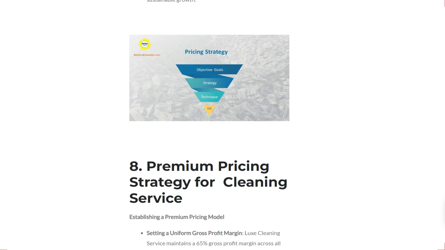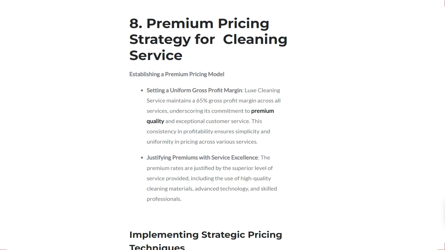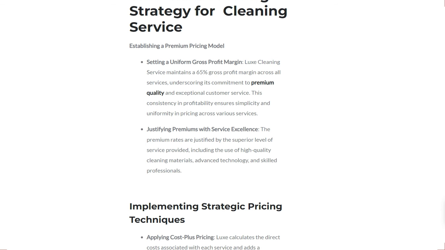Pricing, always the funnest topic in social media. Pricing strategy and techniques. There are a lot of ways to price things, and this is something you'll have to judge for yourself. But in this case, they're shooting for a premium model, and their goal is a 65% gross profit margin, and they're just going to apply that to every service.